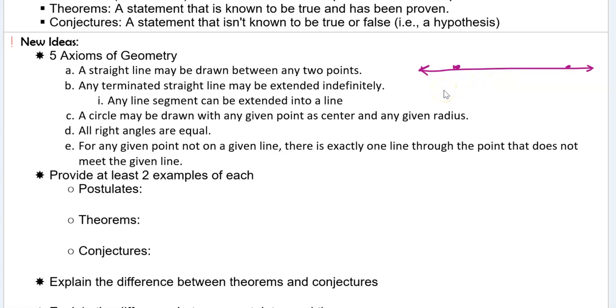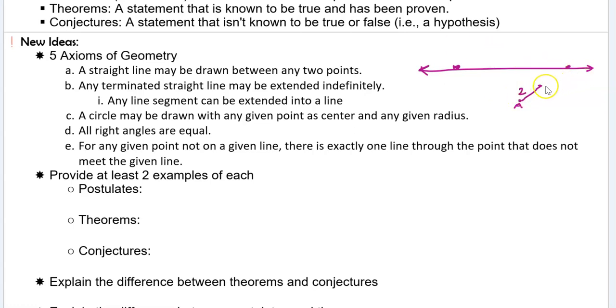Then our third, so we talked about our first and our second axiom. Our third axiom is that a circle may be drawn with any given point as a center and any given radius. That is actually just what a compass is, right? If I tell you that I have a point, let's say A, and a radius of 2, you can make a circle, right?